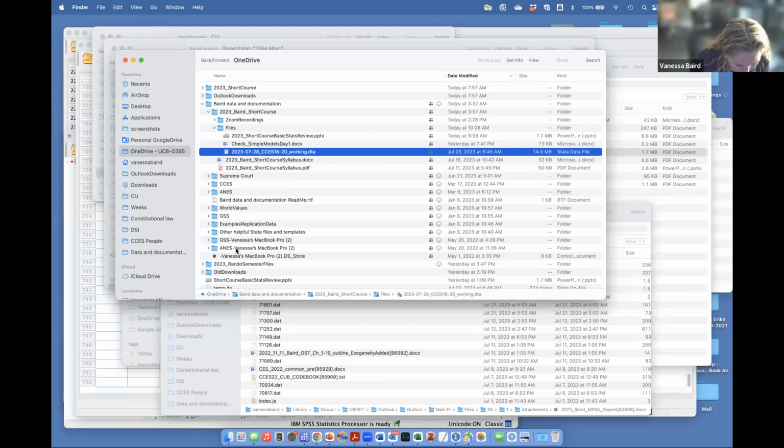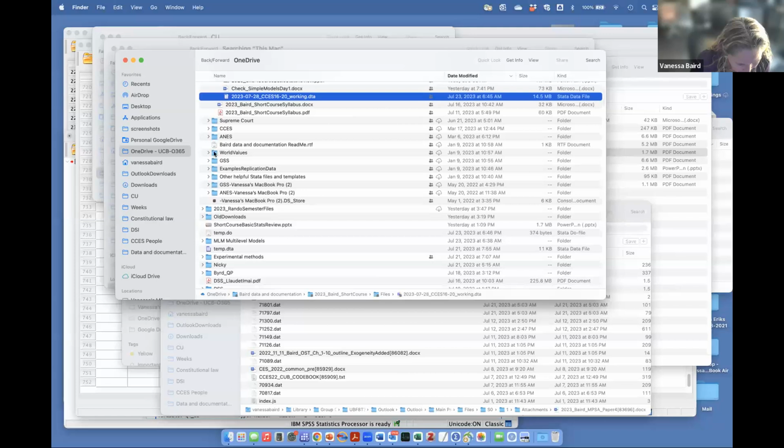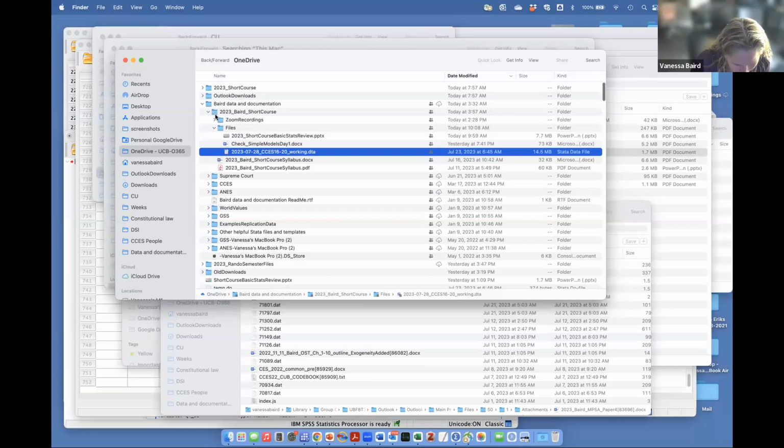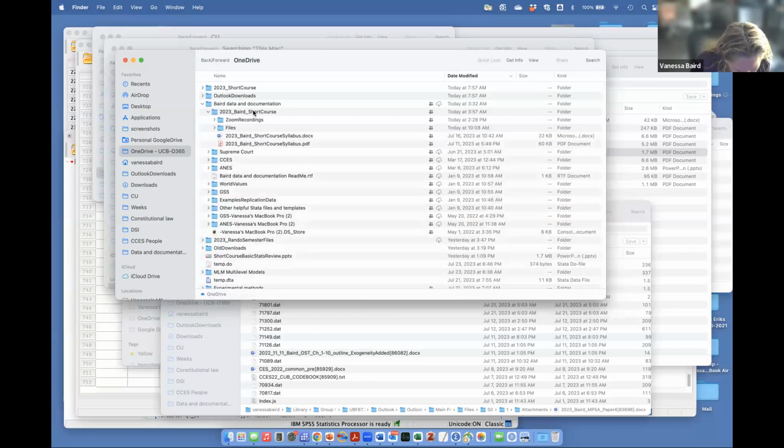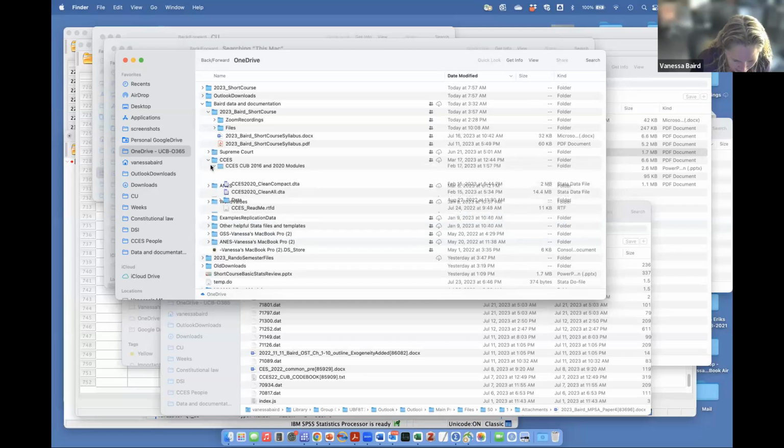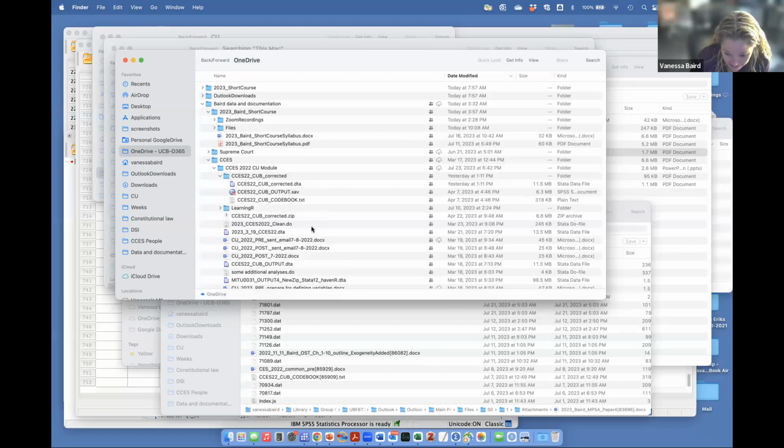But y'all should be aware, I have this other Baird data and documentation folder, which has all my Supreme Court data and all my CCES data, and they're all clean, which, if you know what that means, is extraordinary. I cleaned the GSS. It nearly gave me a heart attack.